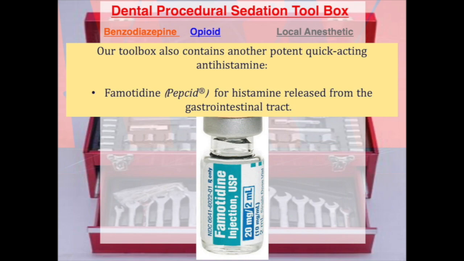So it's a histamine blocker. It's not covering everything though, because histamine also comes from the gastrointestinal tract. So we have to give famotidine to the patient. That has to be in your drug toolbox, and you have to give it IV. You just give the whole 20 milligrams for that.